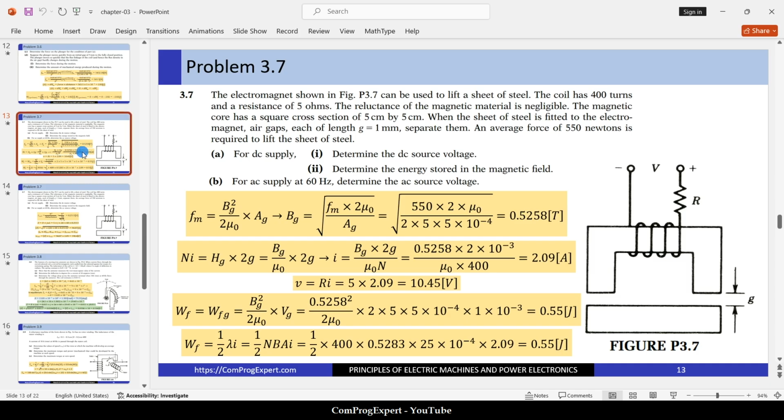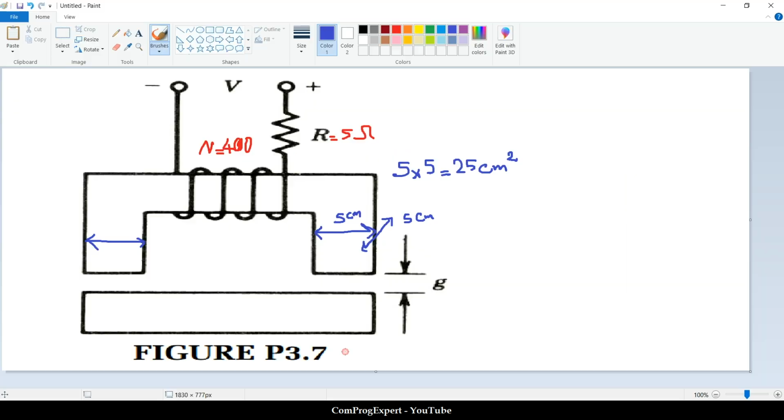But in this problem, the required force is given, and we need to calculate the flux density in the air gap, the required coil current, and finally the required DC source voltage. So how can we do that?